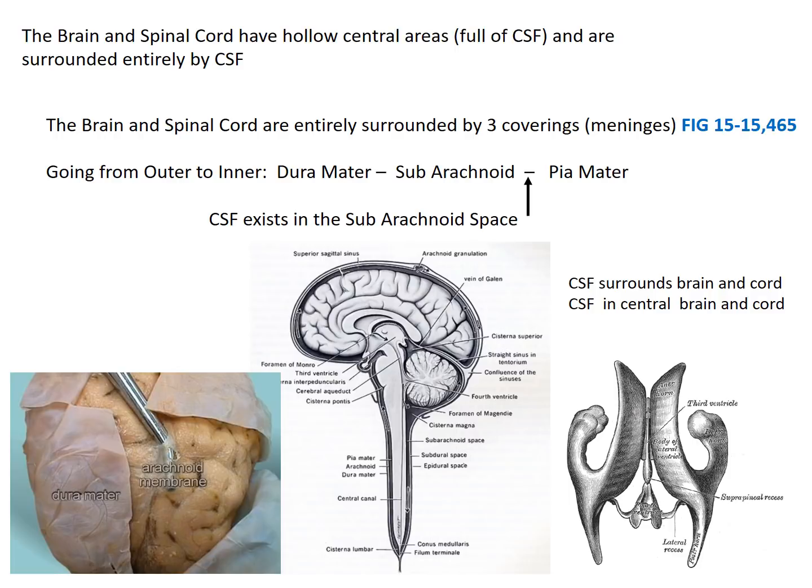You can see all the CSF surrounding the brain and spinal cord in the middle picture. And then on the right is a graphic of what the ventricles look like if you were to isolate them, take the brain away and just leave the ventricles. They span through the frontal, parietal, occipital, and temporal lobes.